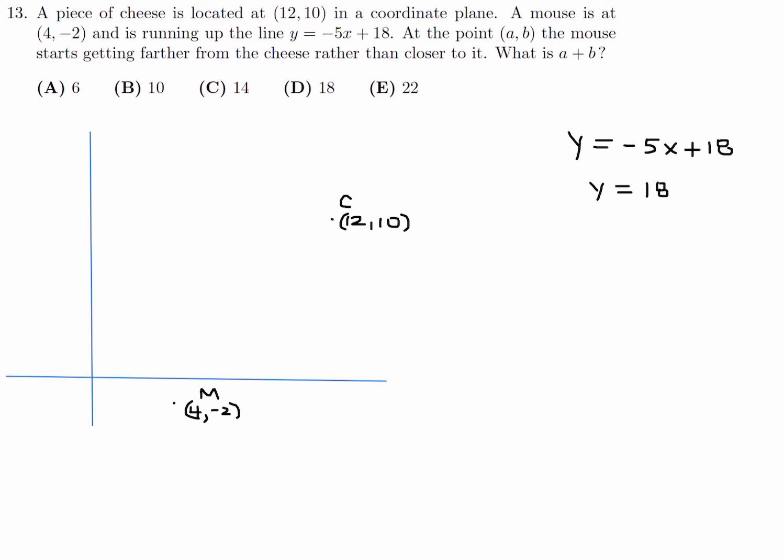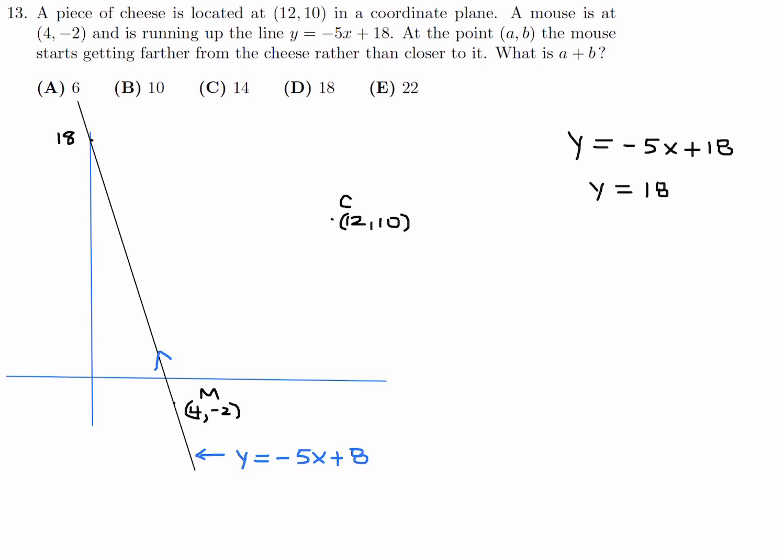So approximately here, this is 18. And now I can join those two to get this line. This line is represented by the equation y is equal to -5x plus 18. And this mouse travels along this line, obviously going in that direction.